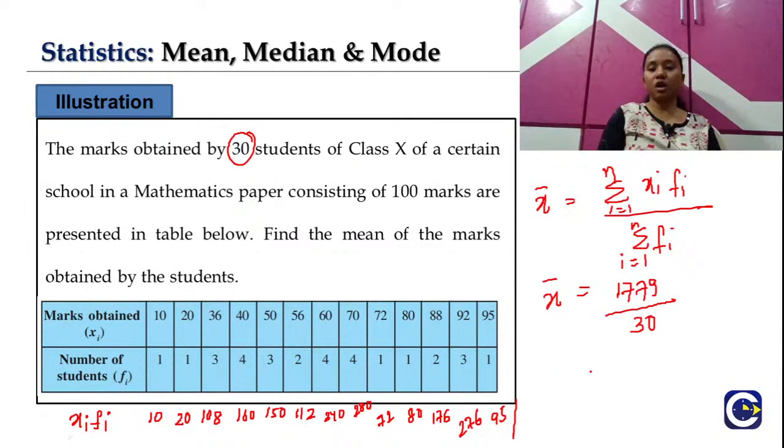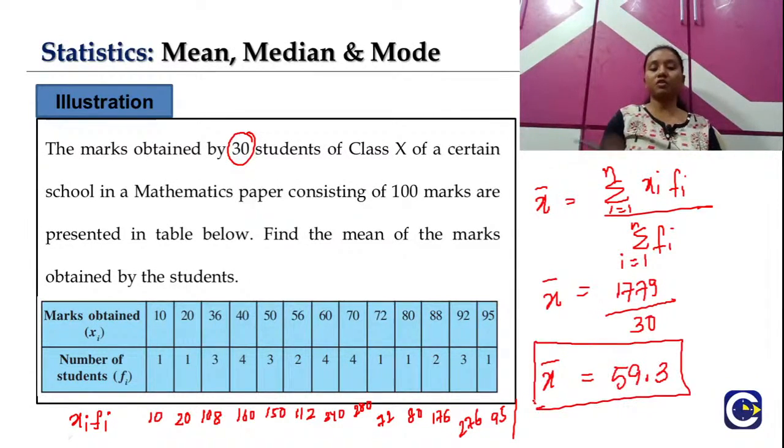Let's do our calculation here. x bar will obviously be in terms of decimal, around 59.3. So the mean of the marks obtained by the students of class 10th is equal to 59.3.